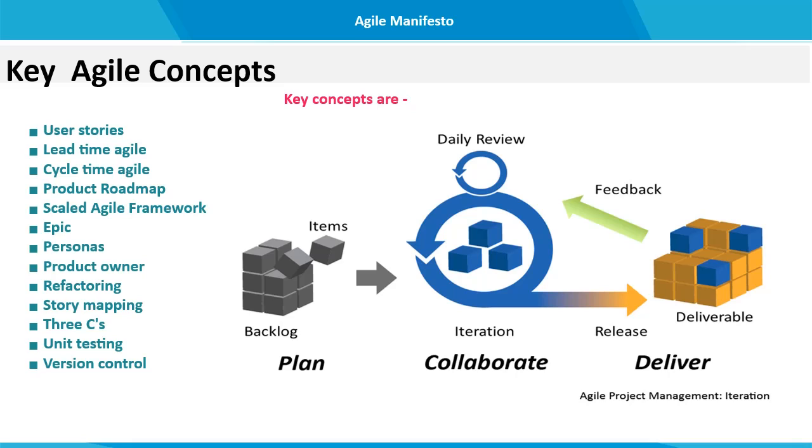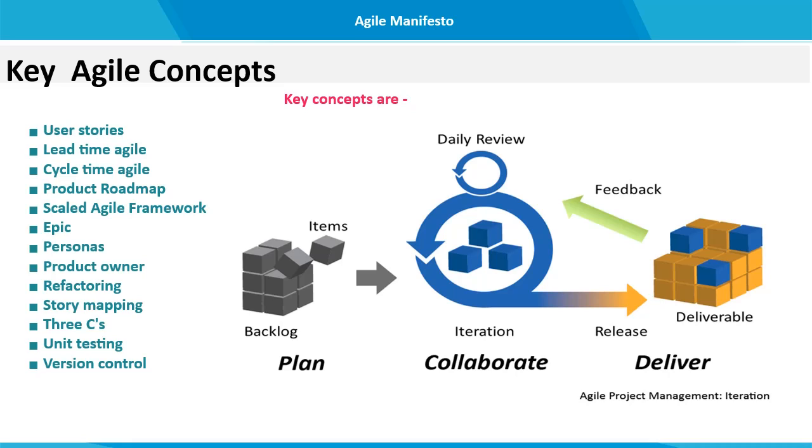Then comes product roadmap. Product roadmaps represent the product evolution over time. They also contain upcoming features and functionalities. Scaled Agile framework.